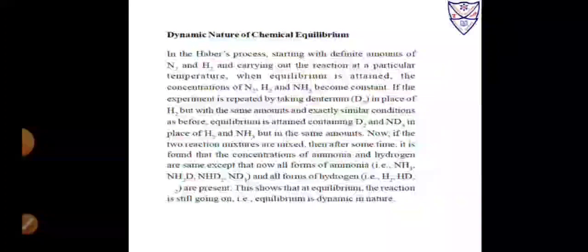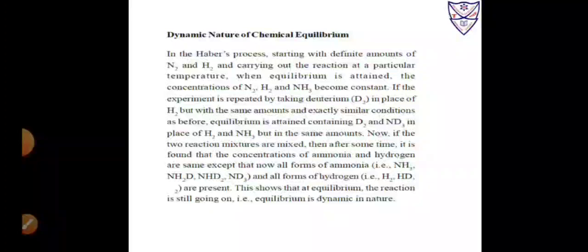If the experiment is repeated by taking deuterium in place of hydrogen, with exactly the same amount and similar conditions as before, equilibrium is attained containing D2 and ND3 in place of H2 and NH3, in the same amount. Now if the two reaction mixtures are mixed, then after some time it is found that the concentrations of ammonia and hydrogen are the same, except that now all forms of ammonia are present: NH3, NH2D, NHD2 and ND3.